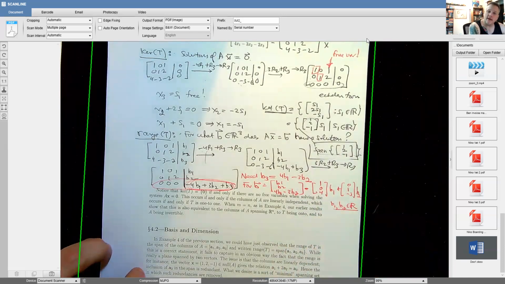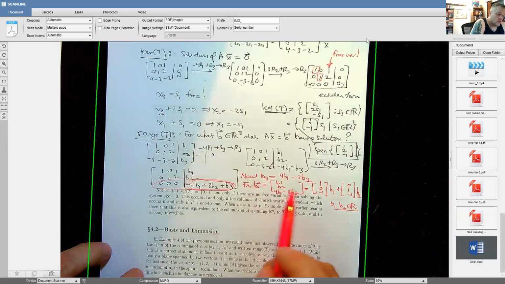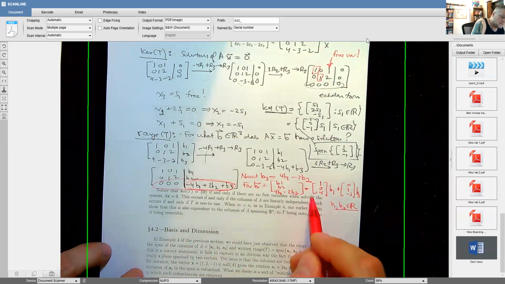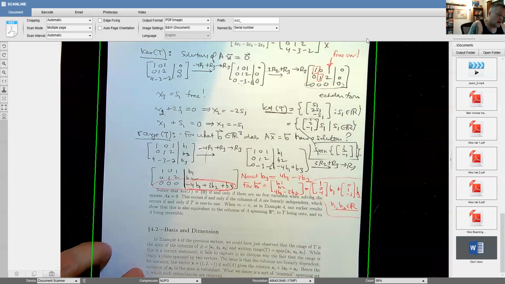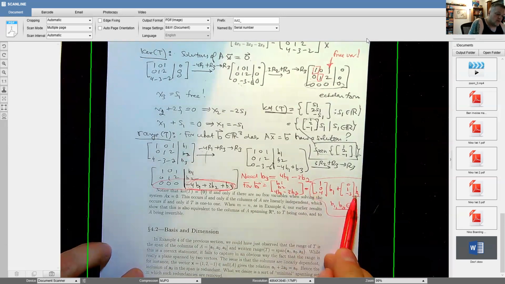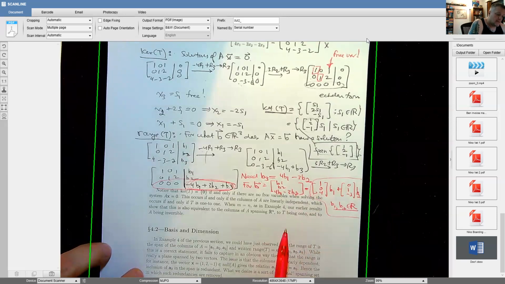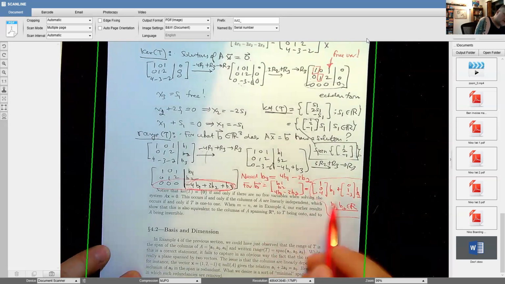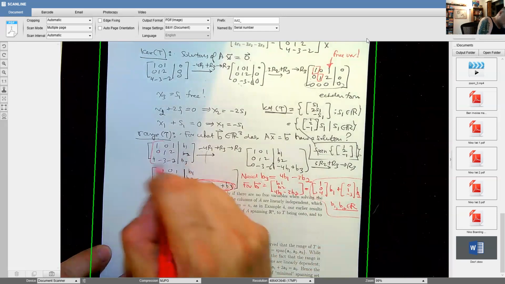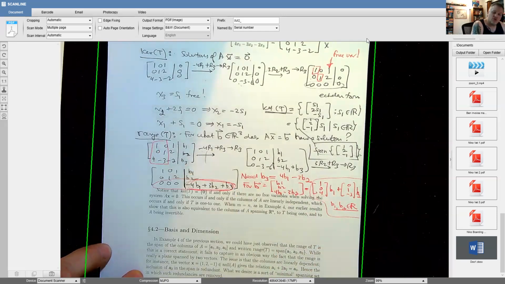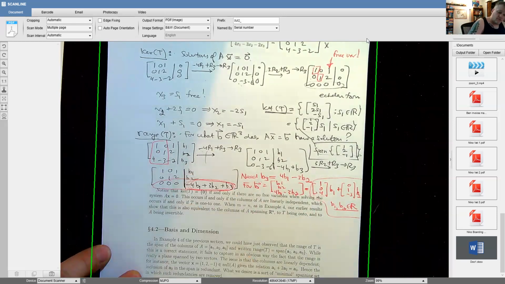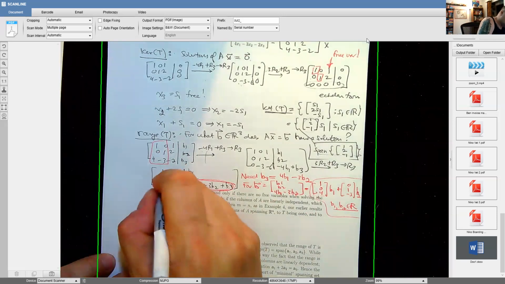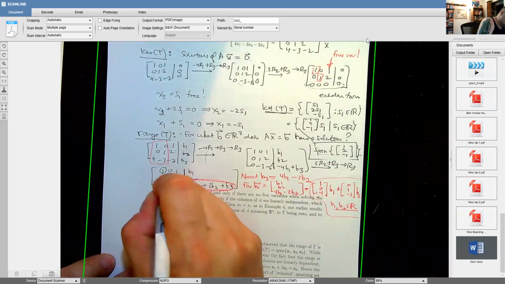That's how you can write a general vector B for which there is a solution. Right, I'm going to pull that apart like I said I've been doing all along. That's the structure of the range of T. Notice that these two vectors here end up being those original columns of A, which correspond to the columns that have pivots, right? So these are your pivots.